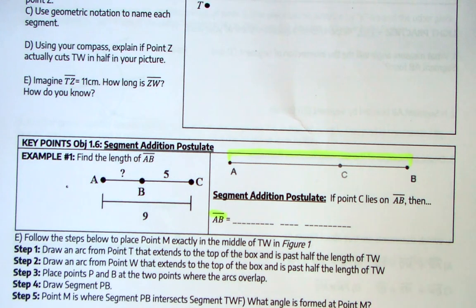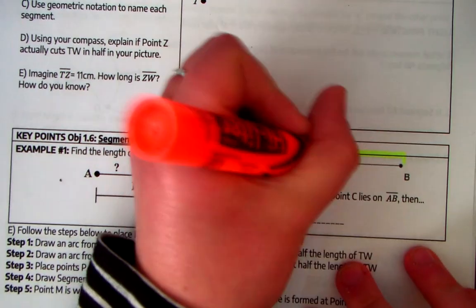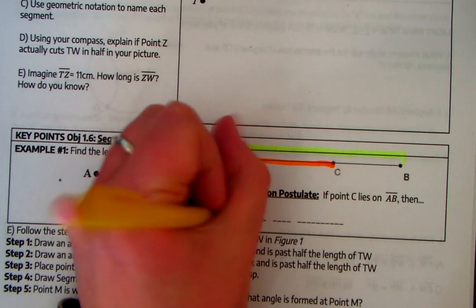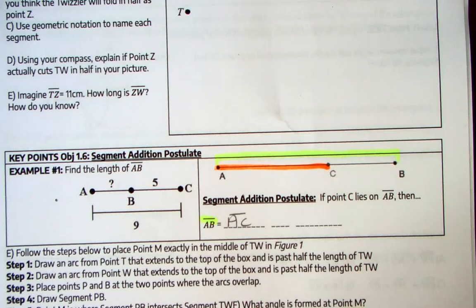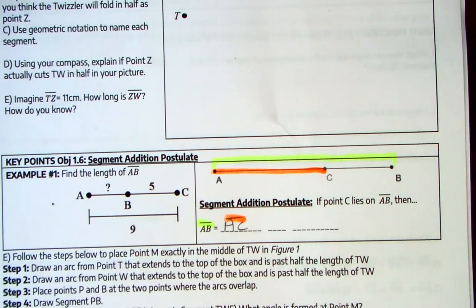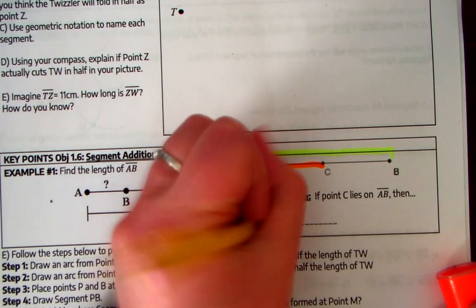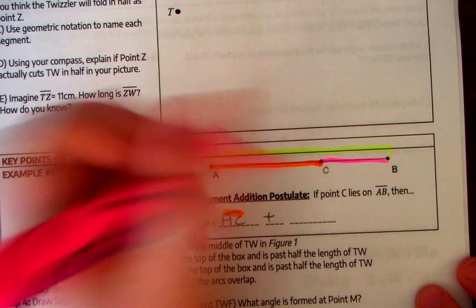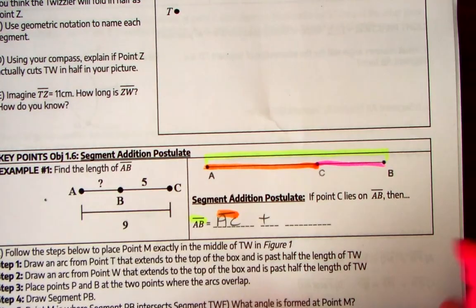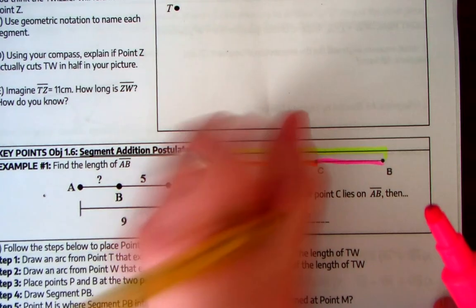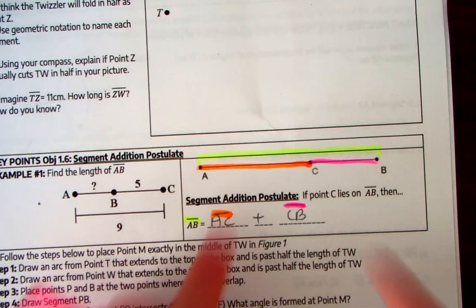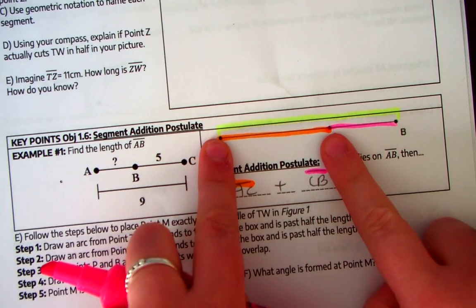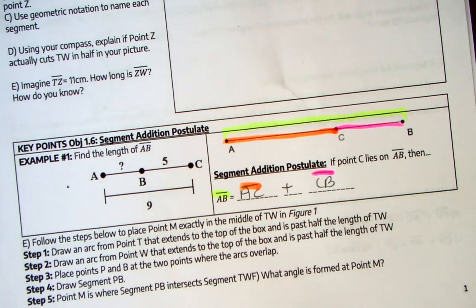As soon as I put C on AB, that creates a segment AC. Whatever that length is, plus however long from C to B is, that is equal to the length of AB. I can add these two parts to give me the whole thing. The orange part plus the pink part gives me that whole yellow part.